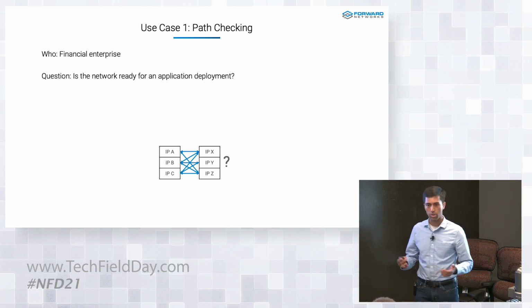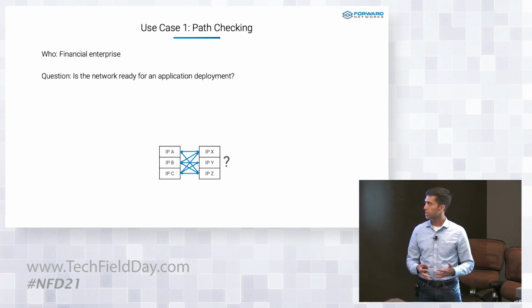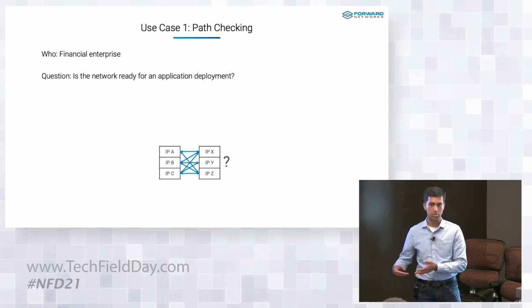They operate a network of 5,000+ network devices, and they run hundreds of applications in this network that are constantly evolving. The network team would frequently get asked this question: is this network ready for an application deployment? So what does this mean? An application essentially translates to a set of source IP and destination IP pairs, possibly with port numbers or protocols.